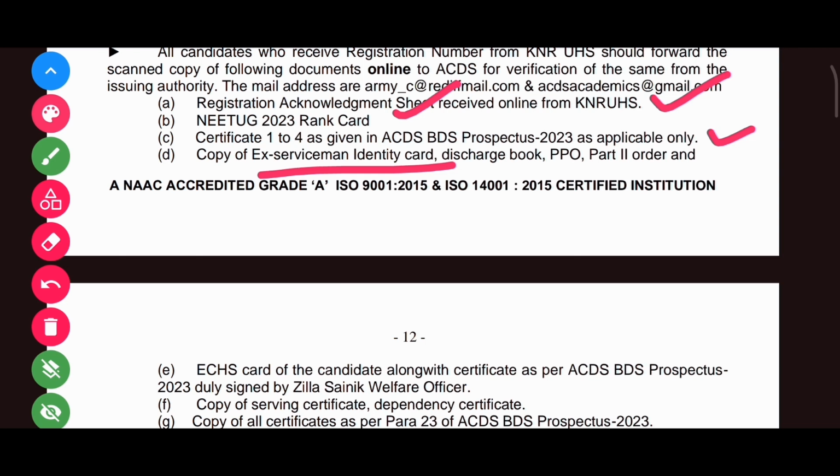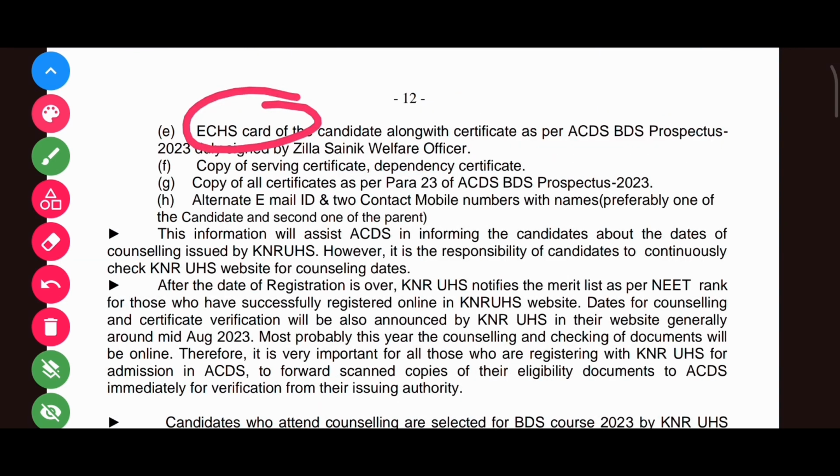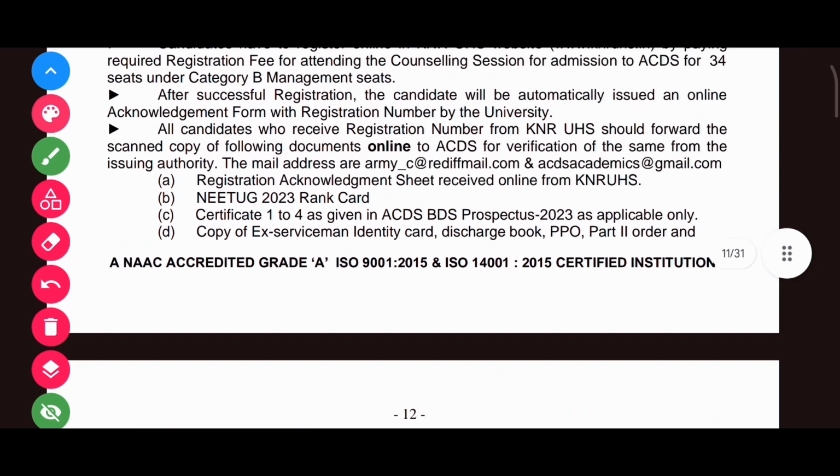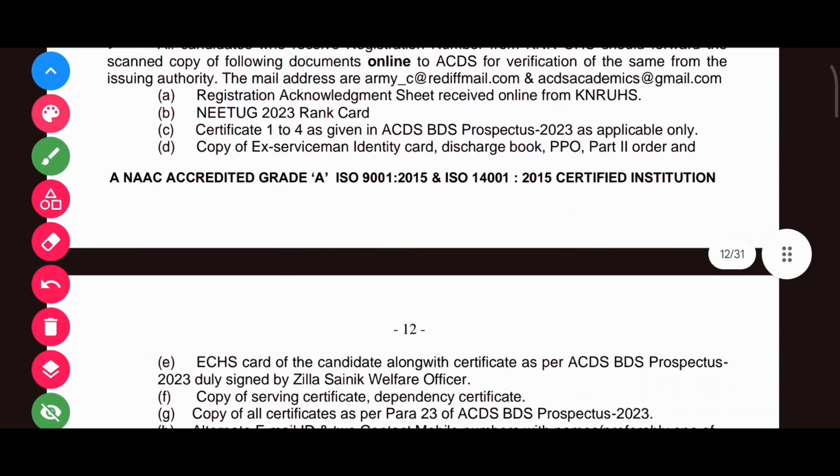Your father must be having it. Then if you have your ECHS card, then a copy of serving certificate or dependent certificate. And then you also have to send an alternate email ID apart from the student's ID and 2 contact numbers, one of the student and other one of the parent with their names. So all of these documents are to be sent in one single PDF.